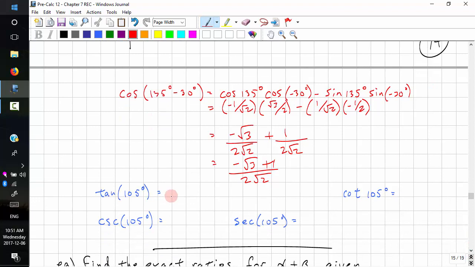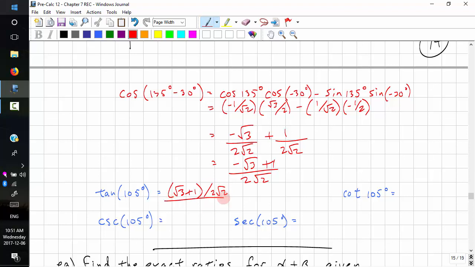Now, since we've already calculated sine and cosine, we don't need to use the identities anymore. We can just use the fact that we have sine and cosine. Tangent is sine over cosine. So we will write root 3 plus 1 divided by 2 root 2.